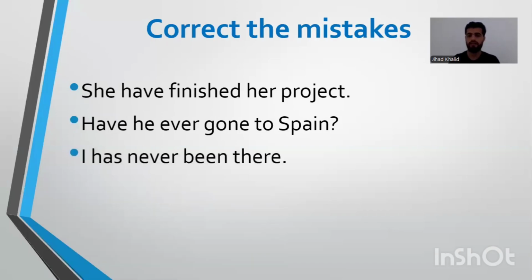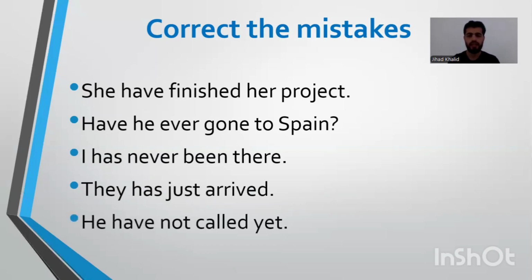I has never been there. What's wrong with that? I have, not I has. Good job. They has just arrived. They have just arrived. Last one. He haven't called yet. He haven't? No, he hasn't called yet.